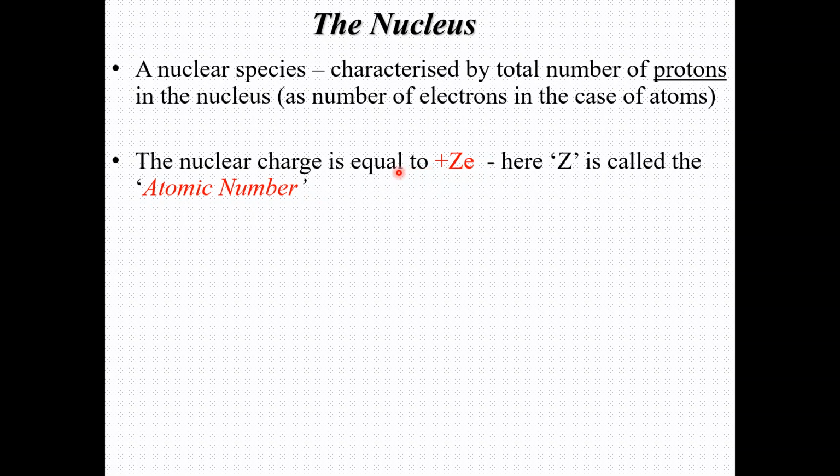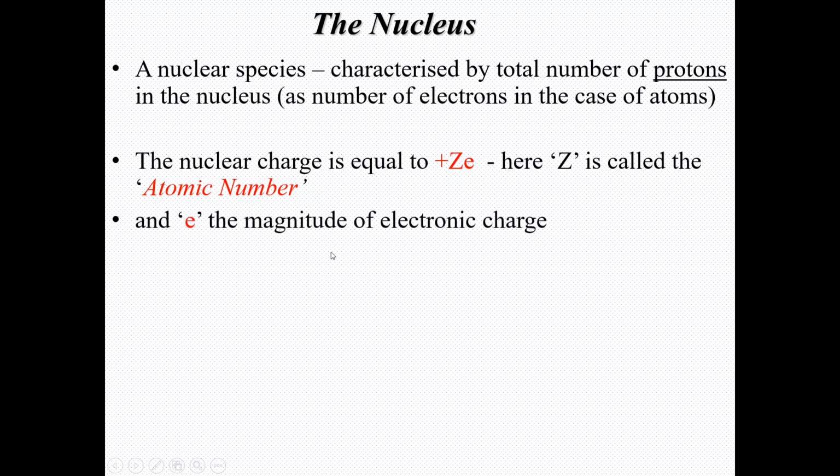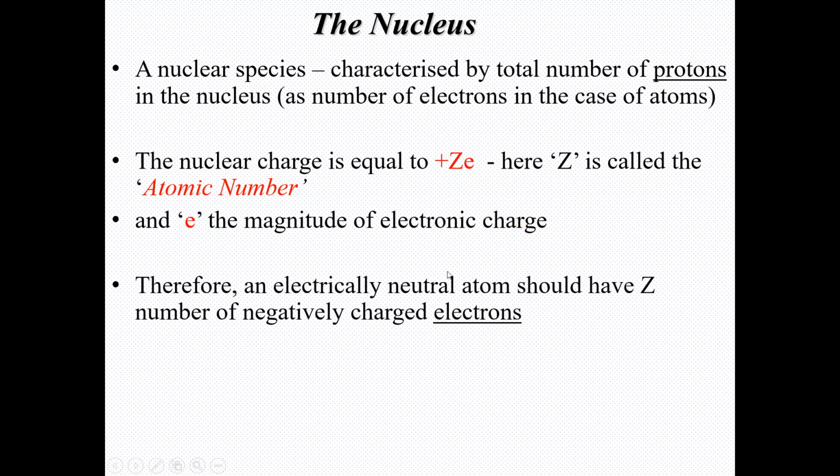The nuclear charge we normally represent by this sign, positive Ze. So what is meant by Z? Here Z is called the atomic number, and e is the magnitude of the electronic charge. Therefore, the electrically neutral atom should have Z negatively charged electrons.